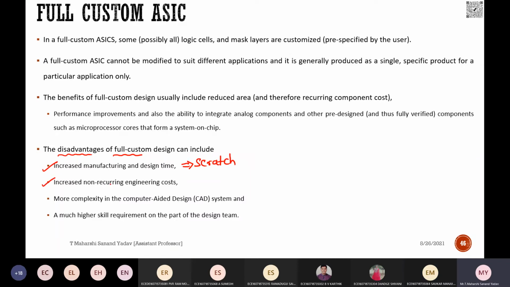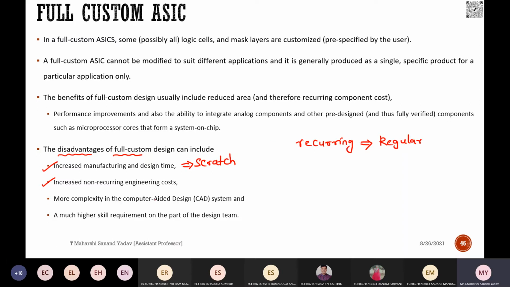And increased non-recurring engineering cost. Recurring means like a regular amount. So we can calculate our expense at regular amounts, whereas if it is non-recurring, it means at irregular intervals of time, without expectation the cost will increase.